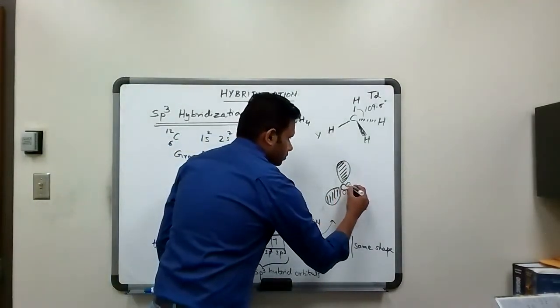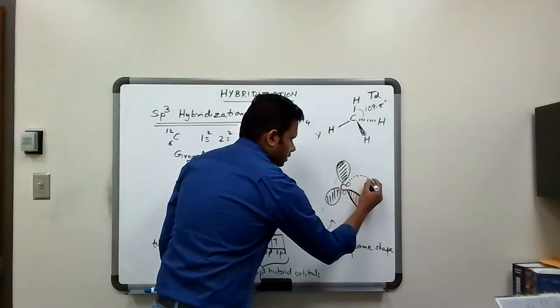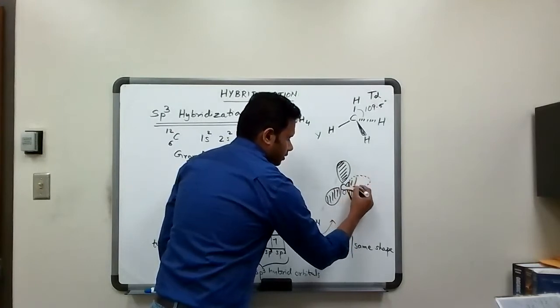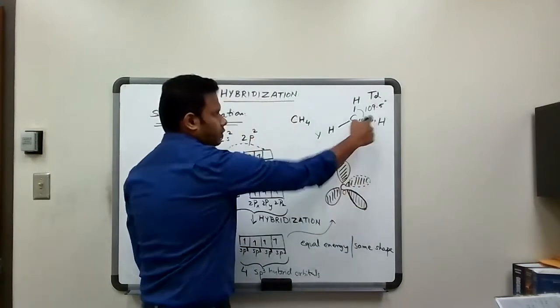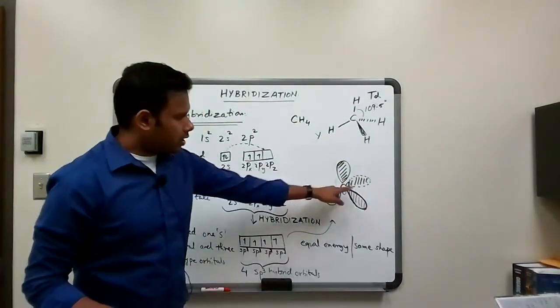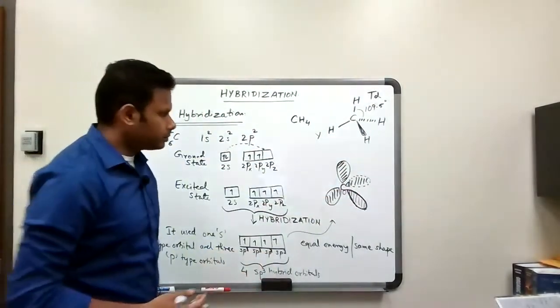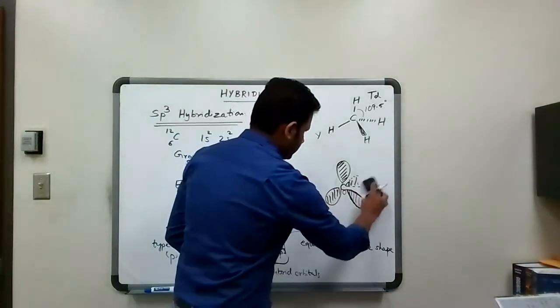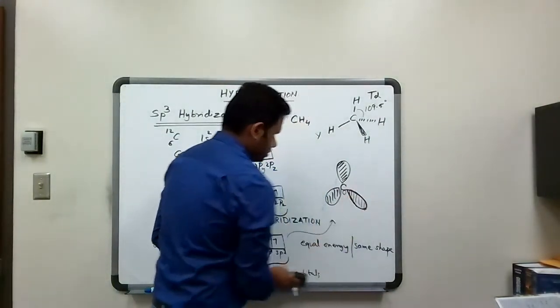And there's another one, which is like a dash. So that's another sp3 hybrid orbital, but this is what becomes the dash bond. So now carbon has 4 orbitals around it. In fact, I think my orbitals look really bad.